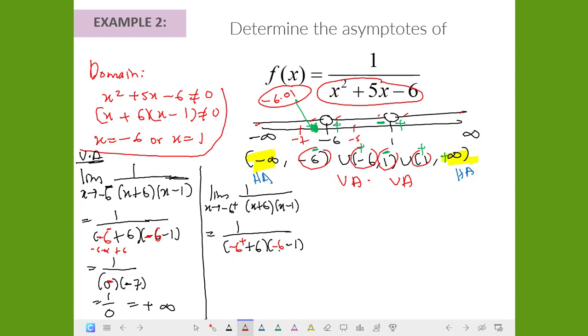Because the other is negative 7. It is equal to 1 over 0, negative 7. Now take one number, negative 6 from the right, negative 5.999. Negative 5.999 is more than negative 6, so this 0 is just positive. So 1 over 0 negative, so negative infinity.